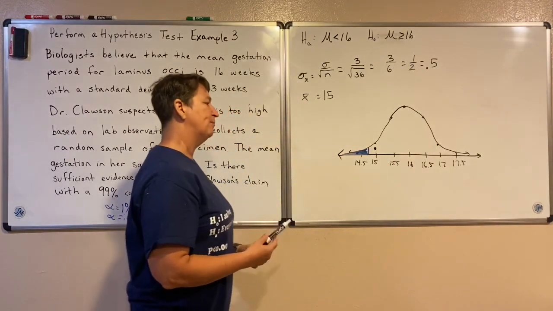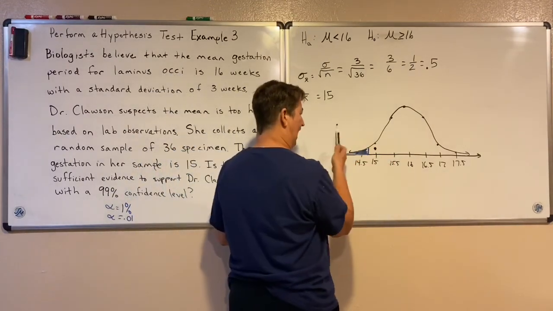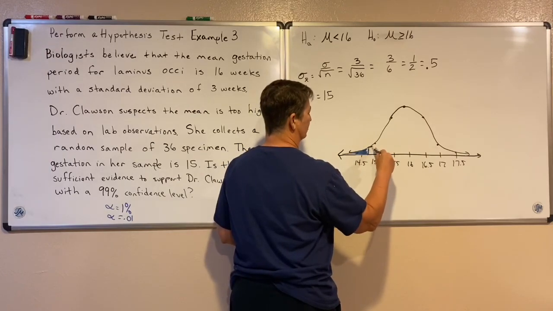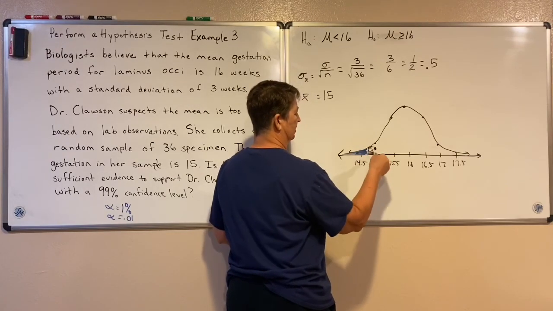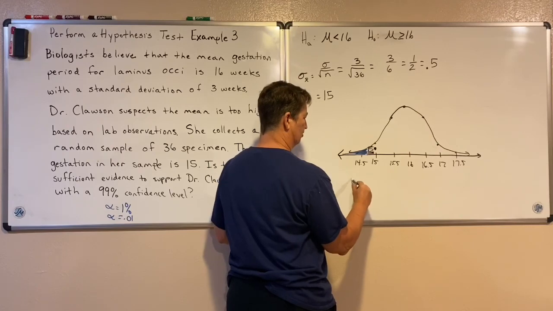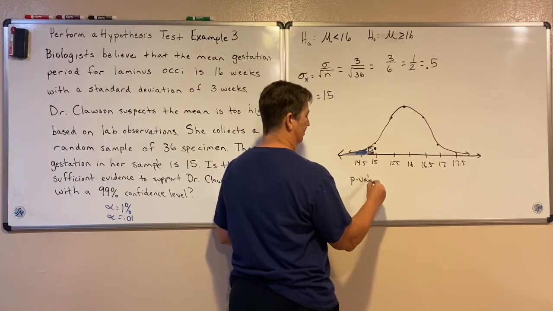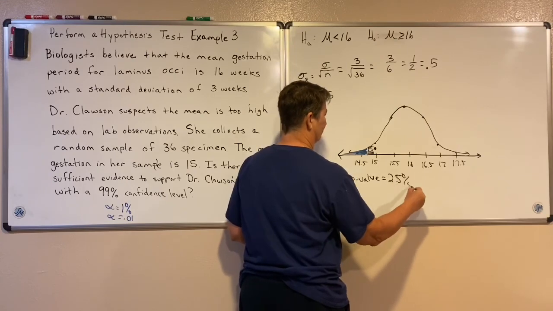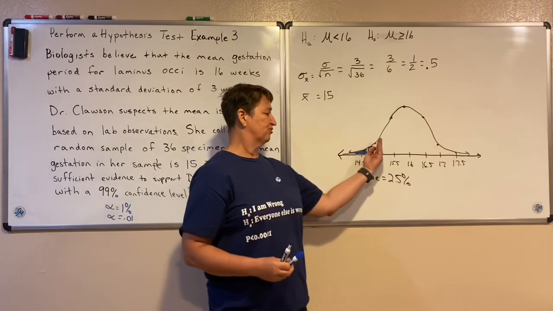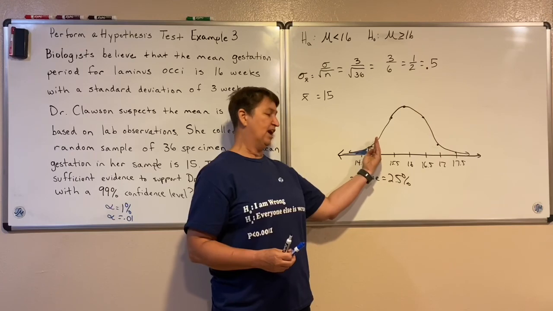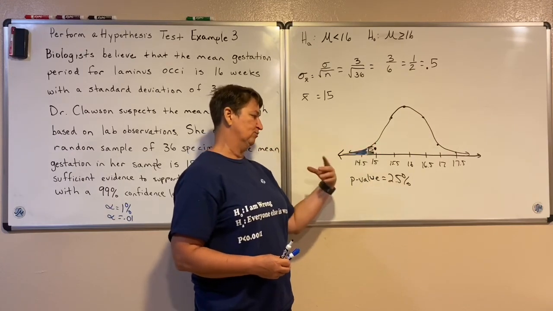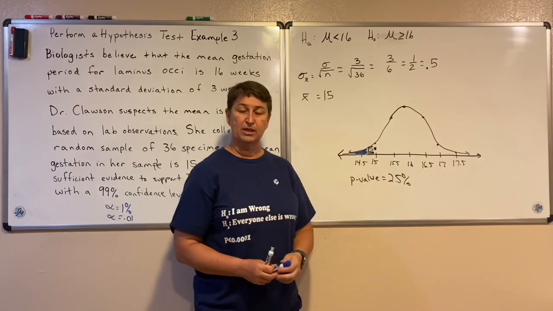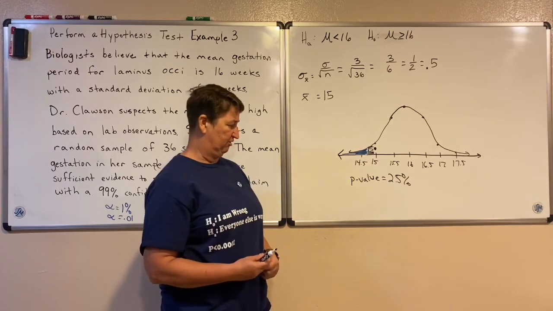The probability that we get something that far out there, because it's out 2 standard deviations, her p-value for that test statistic is going to be 2.5%. 2.5% of the time, we're going to get something there or further out, more extreme than that. So that was the probability that she got that test statistic.